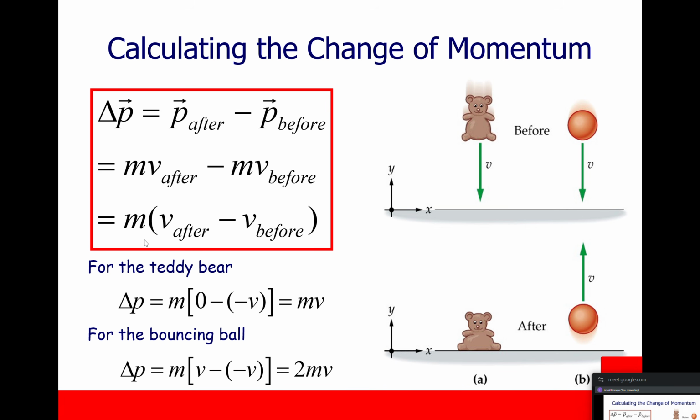You bring out the mass and then you have v after minus v before. You might be asked to calculate the change in linear momentum of an object after it rebounds from a surface. Suppose it moves downward with a velocity v and then bounces back with the same velocity v. Are we together?